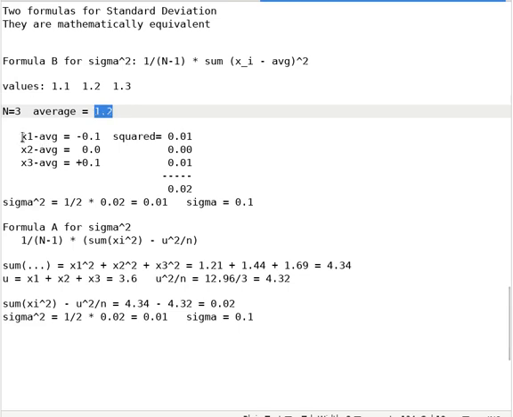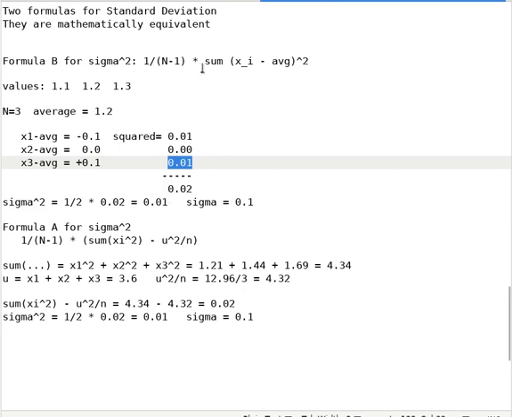And now x1 minus the average, 1.1 minus 1.2, is minus 0.1. And we'll square that. We'll get plus 0.01. x2 is dead on average, so that gives us a 0. And number 3 here, that minus the average is 0.1, so there we get 0.01.